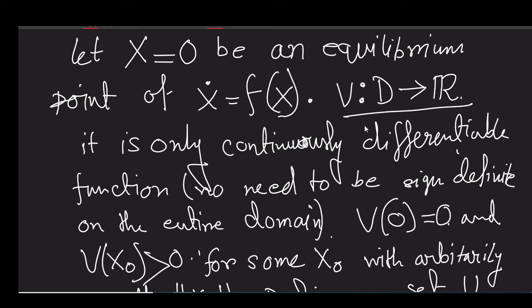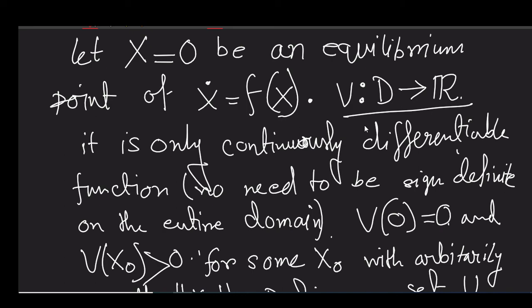Here we have an autonomous system, and the origin remains our equilibrium. The definition of V has slightly changed, from a continuously differentiable positive definite function to a continuously differentiable function where the sign definiteness has not yet been mentioned.